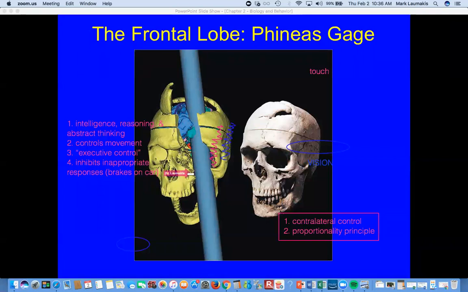He was working on the railroad all the livelong day. There was a metal tamping iron, there was some gunpowder, there was a spark, and then there was a blasting of this tamping iron pole basically through his skull, through his left cheek, out the top of his skull, thereby damaging pretty dramatically his frontal lobe.